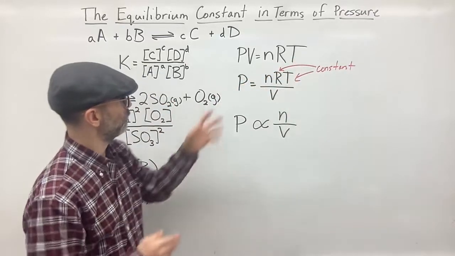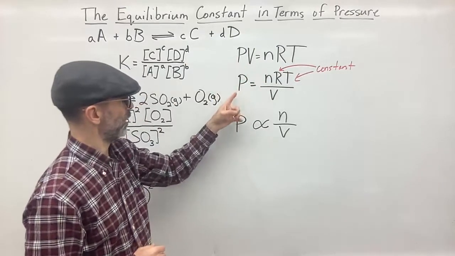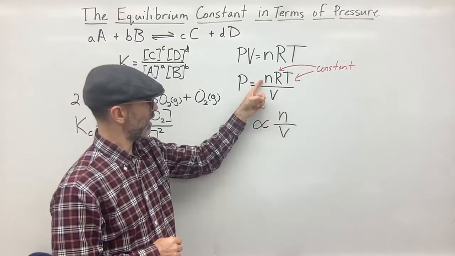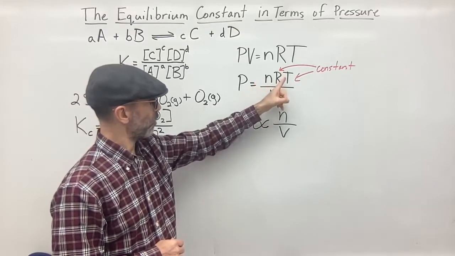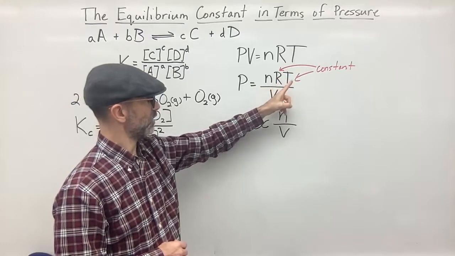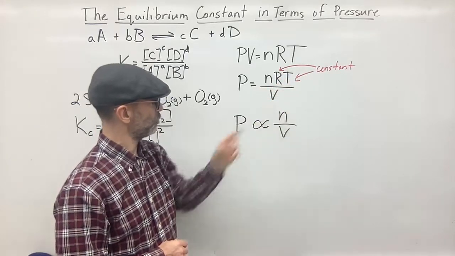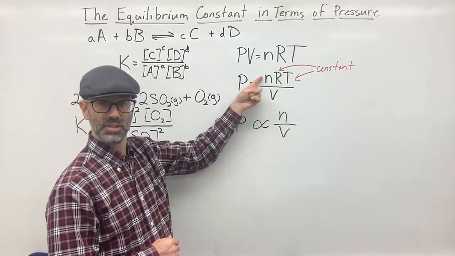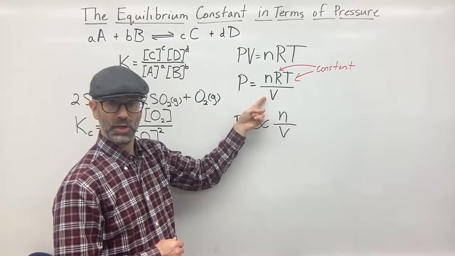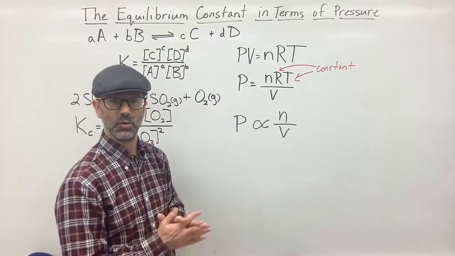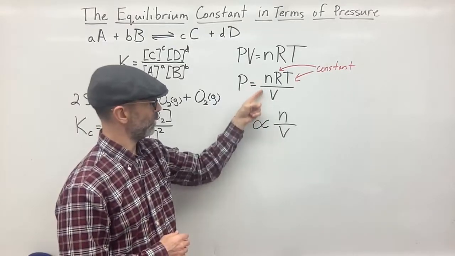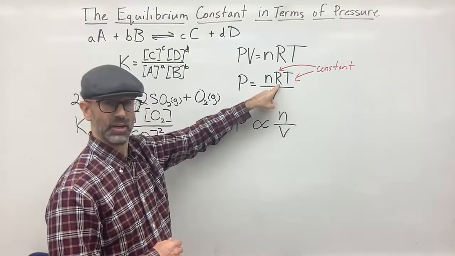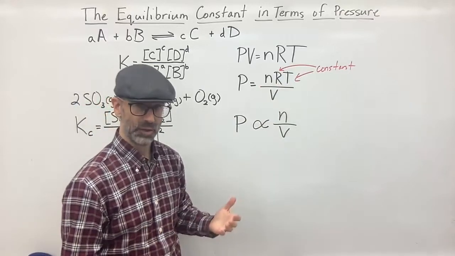And so if we rearrange this in terms of pressure, we see that pressure is equal to the amount of the substance in moles multiplied by the ideal gas law constant multiplied by temperature divided by volume. We can see here that we have an amount of our substance in moles divided by volume, and that is concentration. So we can view moles over volume as our concentration. And the ideal gas law constant is obviously constant.